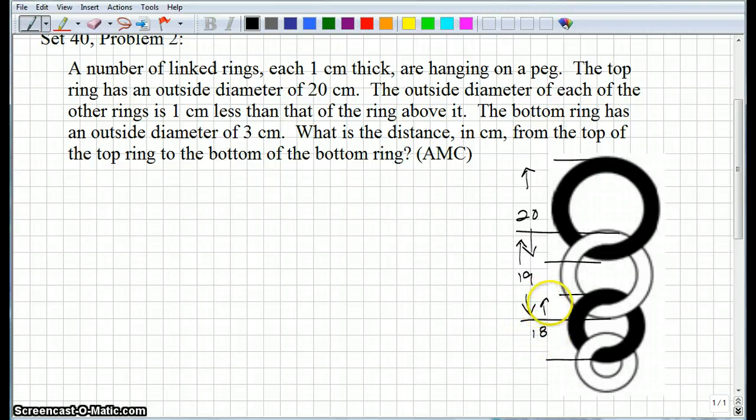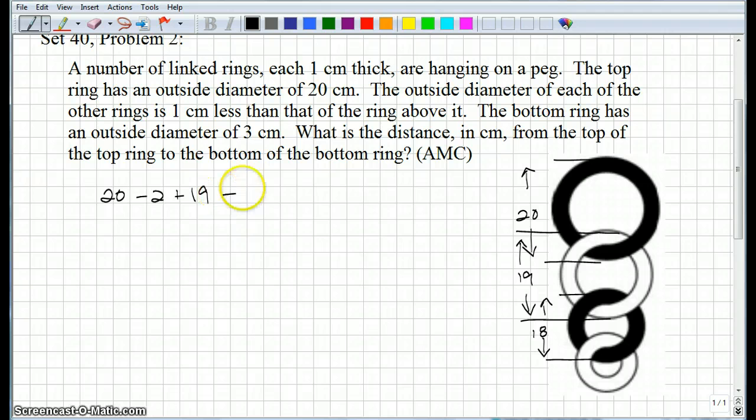So if we wanted to find the distance to the end of the 3rd ring, we could take the distance to the end of the 2nd ring, go up 2 centimeters, and then measure down 18. Okay? So what have we got? We've got 20, and then we subtract 2 and add 19. That would take us to the bottom of the 2nd ring.